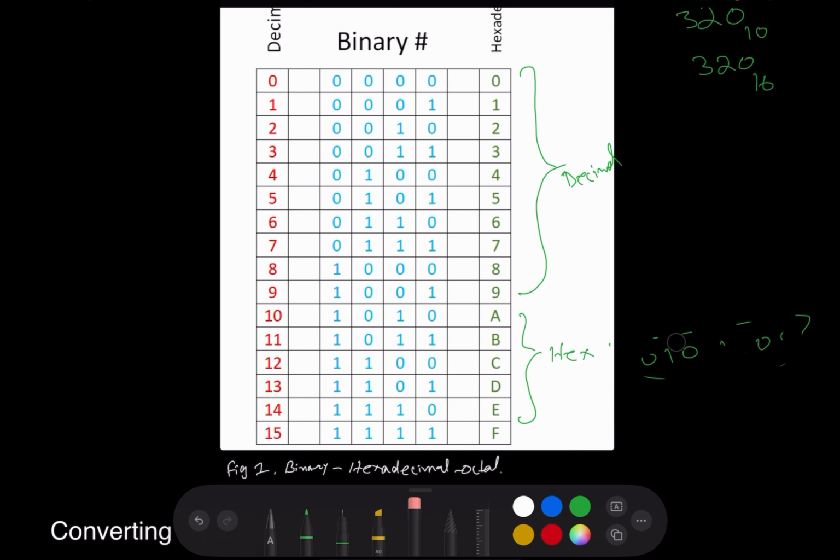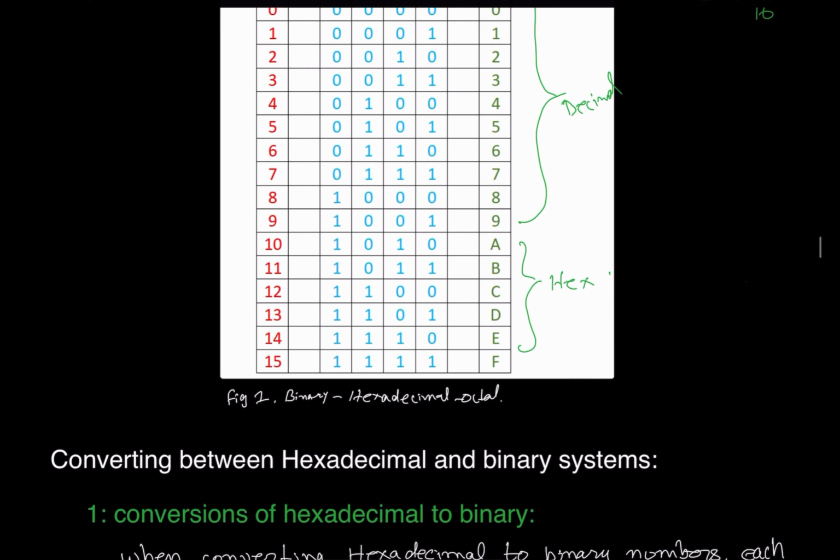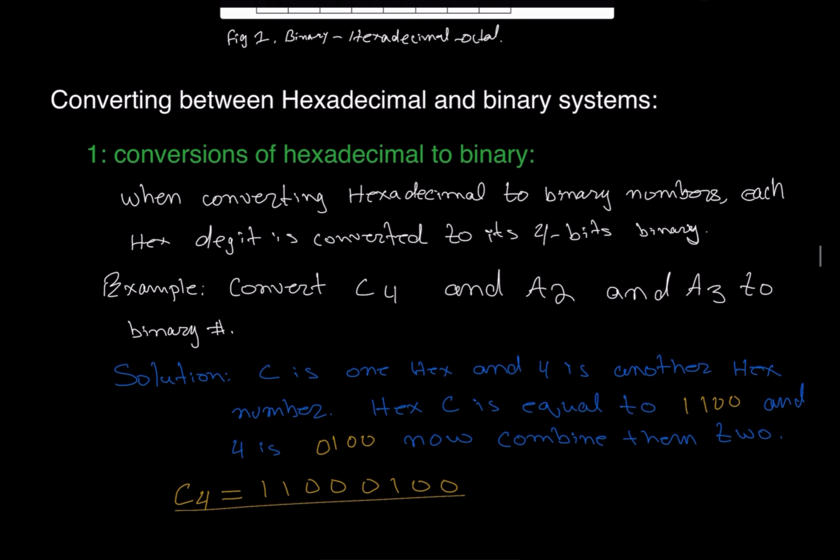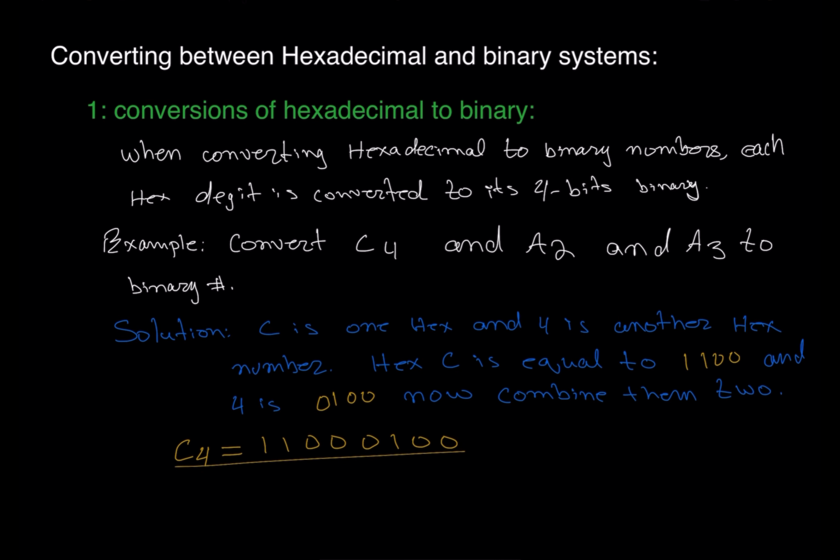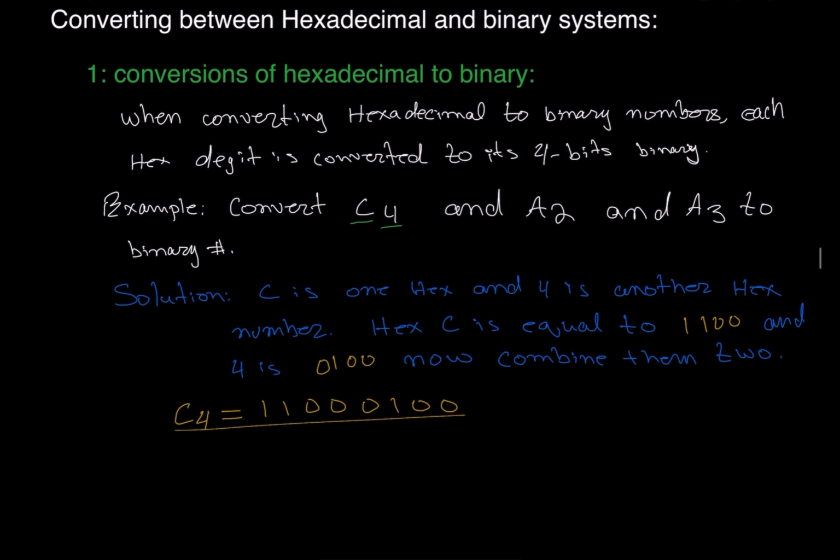All right, moving on to the example. It's easier to do the conversion from hexadecimal to binary because we just convert each hexadecimal digit to its binary representation. Let's convert C4, A2 and A3 to binary numbers.